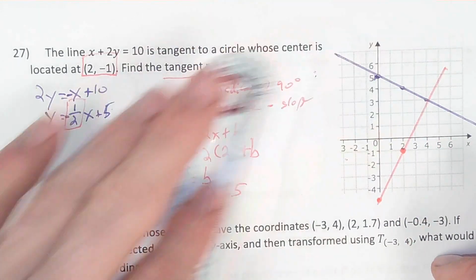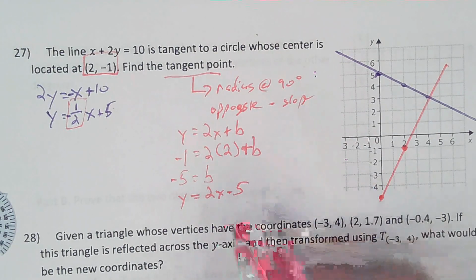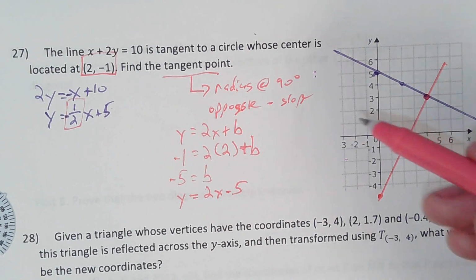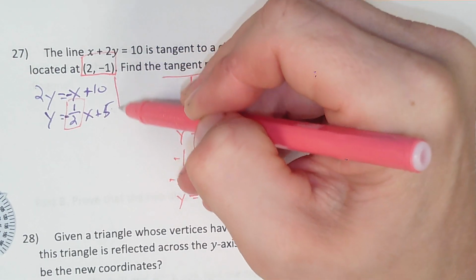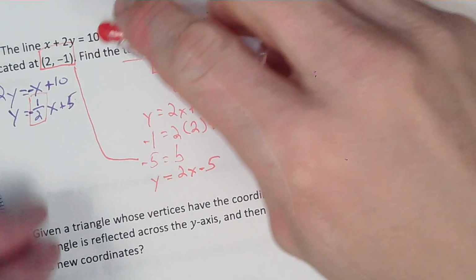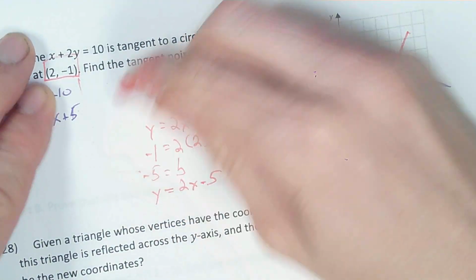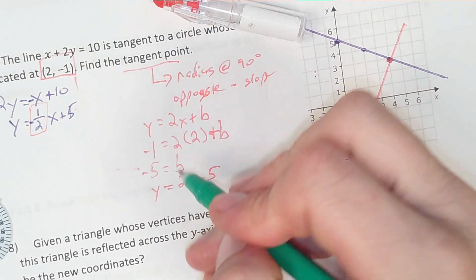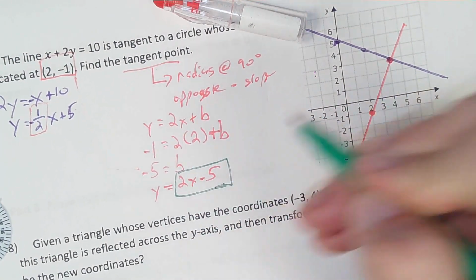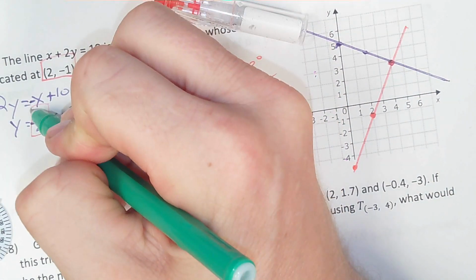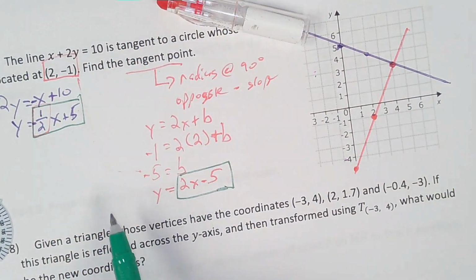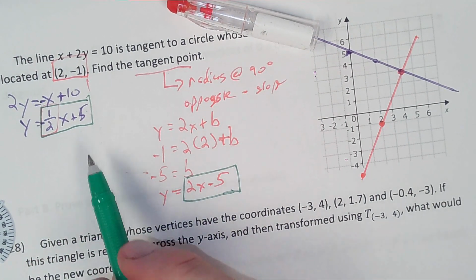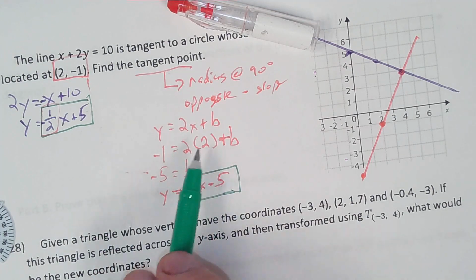And if it's not completely obvious where the intersection is, we can take this line and make this y value match this one, because where these lines equal each other is where they intersect.